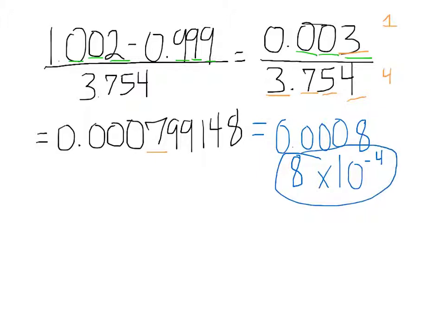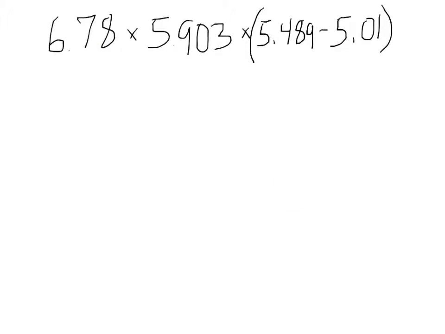Alright, let's do one more with the time we have. So say you have, and I'll write it out, 6.78 times 5.903 times, open parentheses, 5.489 minus 5.01, close parentheses. So using order of operations, we're going to have to start over here. 5.489 minus 5.01.